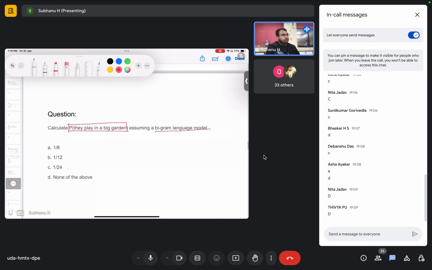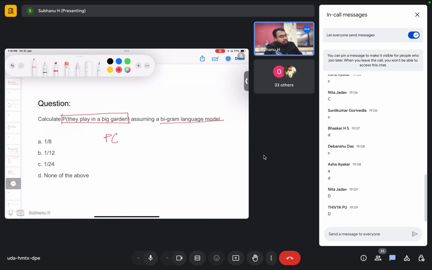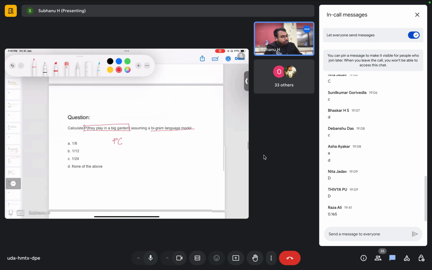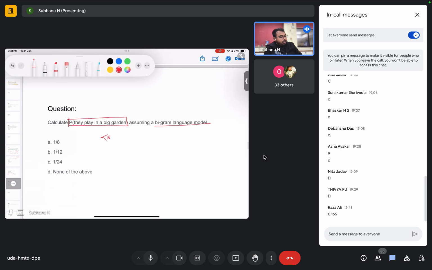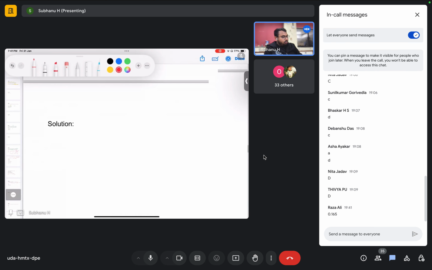So we can solve it like this. Do you need more time? Are you solving? I can go ahead. So this is our beginning of sentence, then "they play in a big garden", and this is the end of the sentence.